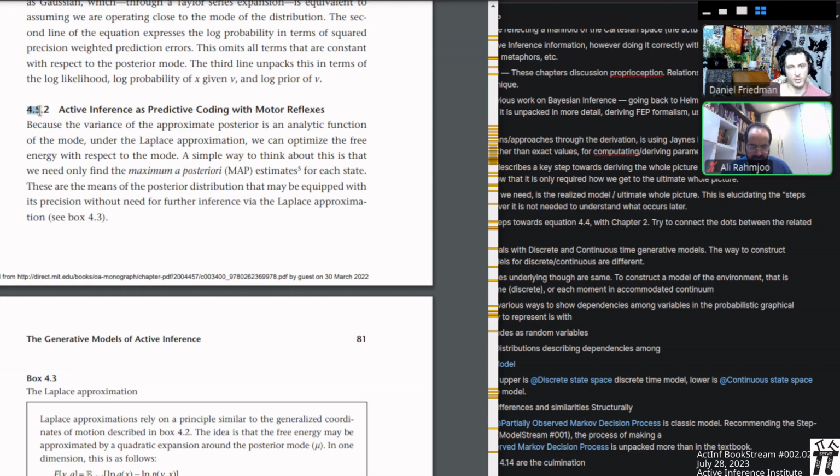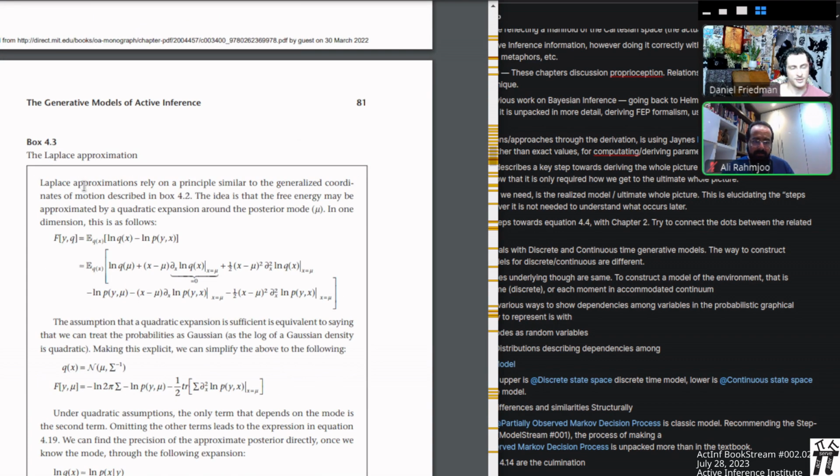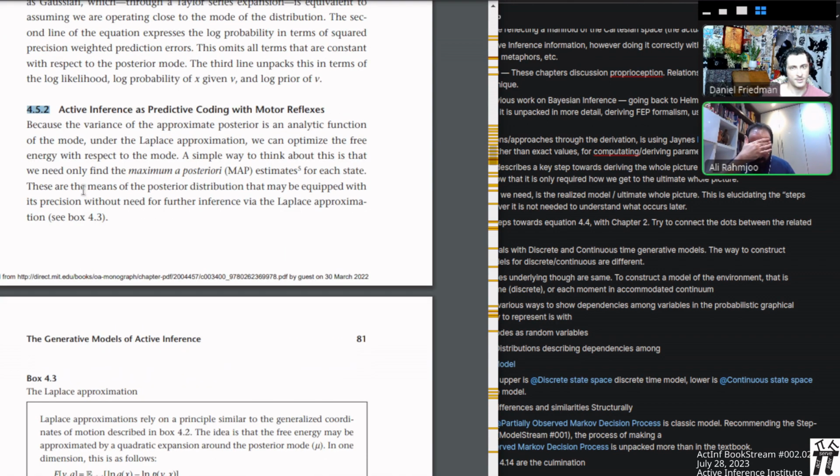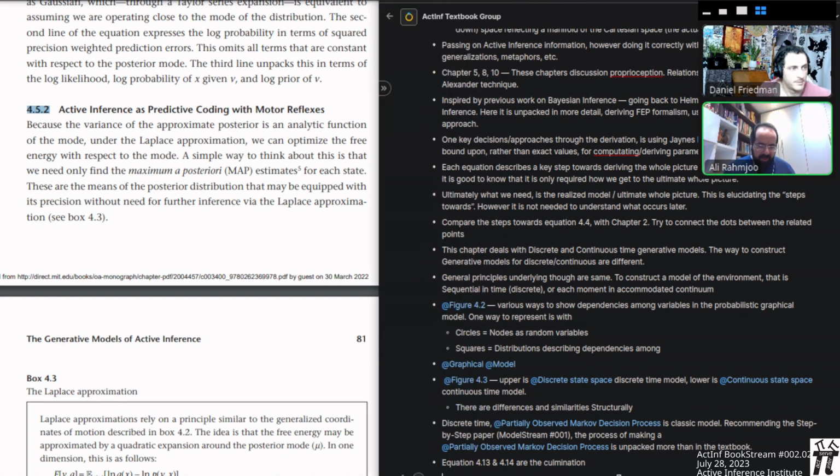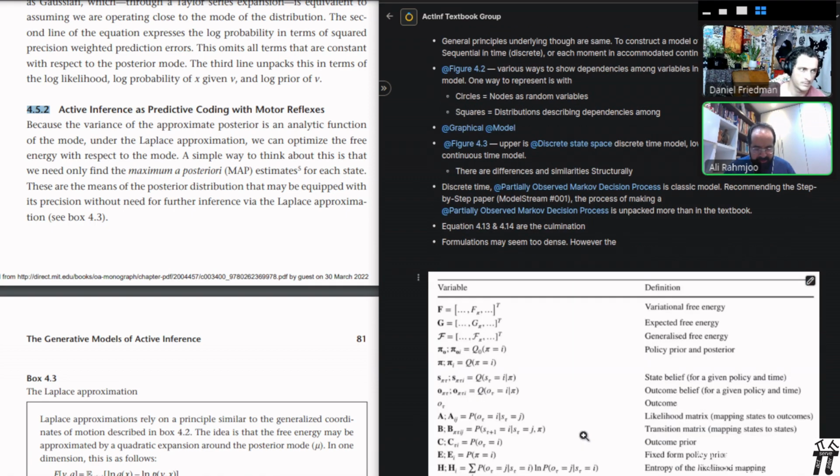Do you want to say anything about 4.5.2? Well, the only thing that comes to mind is, as I said before, all the formulations here may look a bit too dense to understand at the first pass. But some of the key components here could obviously be the material from box 4.2 and 4.3.